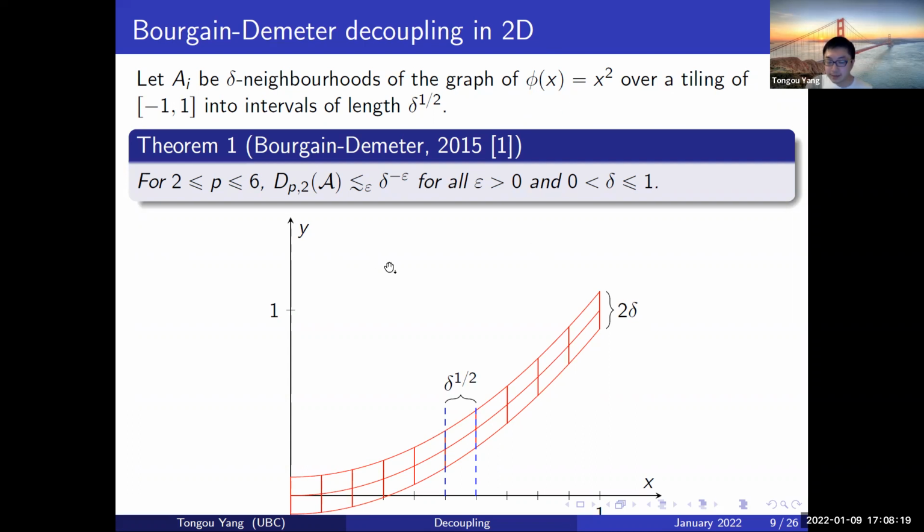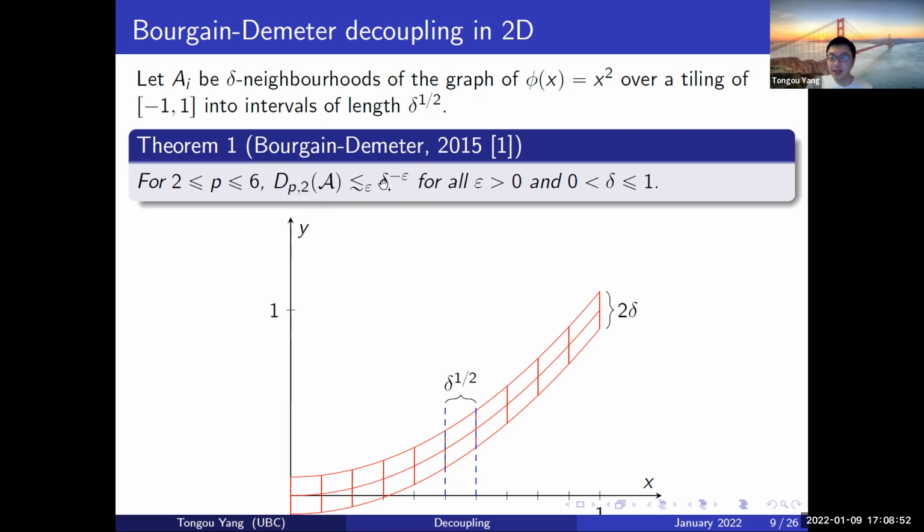For this reason, each delta^{1/2} by delta vertical neighborhood is roughly a rectangle of side lengths delta^{1/2} times delta. This is the most important geometric observation so that decoupling would hold. And in 2015, their result is that for p between 2 and 6, the decoupling constant for this p and q equal to 2 is roughly 1, up to an epsilon loss.